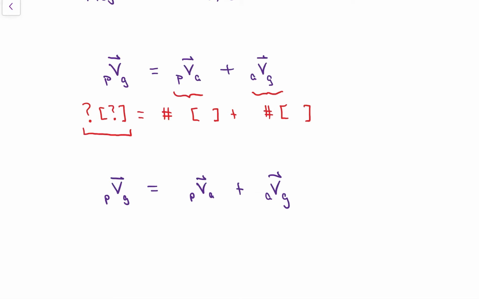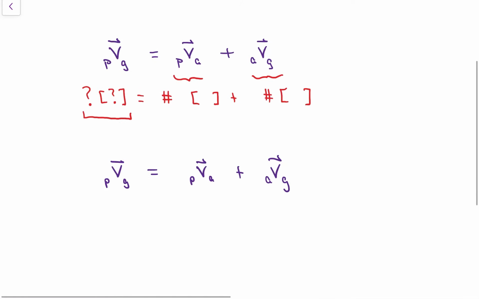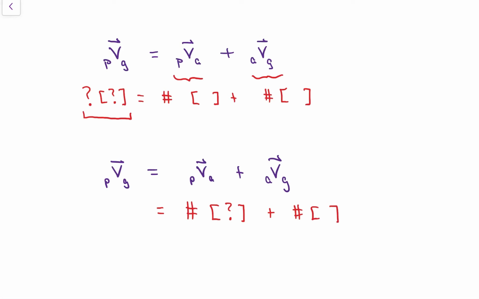In the second style of question, where the pilot knows that there's a wind and adjusts for it or accounts for the wind, whatever wording you want to use, we know how fast the plane is flying through the air, but we don't know what exact direction the plane is flying to adjust for the wind. We do know everything about the wind. We know the number and we know the direction.